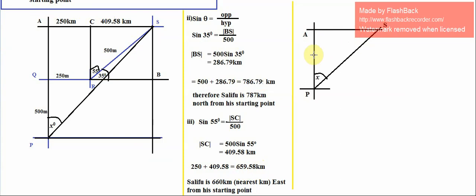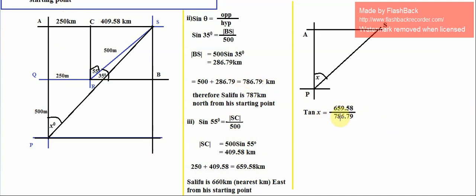It means we are using tan. So our tan x will be equal to the opposite, which is the sum of these two numbers, over the adjacent AP.